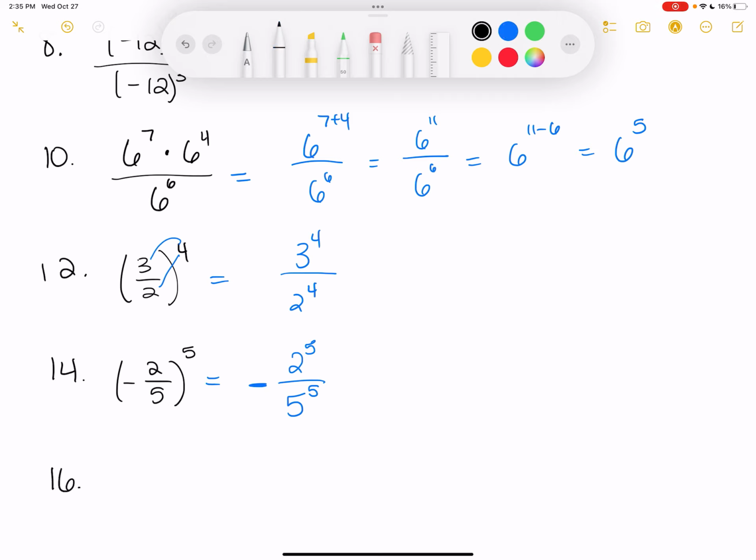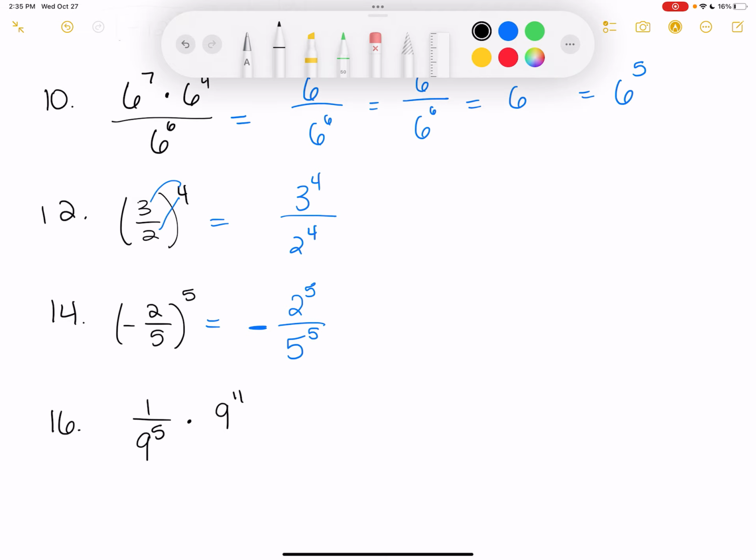All right, so 16 is 1 over 9 to the 5th times 9 to the 11th. Any ideas what I need to do here? Well, I've got one on the bottom and another one that you could technically say is on top.